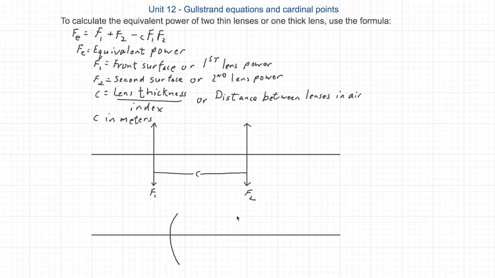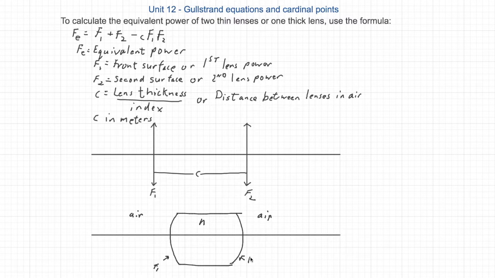On the other hand, if you have a thick lens, in this case, F1 is the power of the first surface. If it's surrounded by air, N is the index of the lens material.